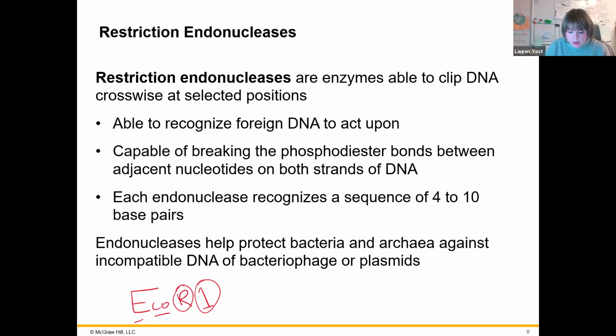It might cut at, and I don't remember the exact sequence, something like GGCGCC, six nucleotides. This is always referring to one side of the strand, and the other side of the strand would look like CCGCGG. This is a palindromic sequence.